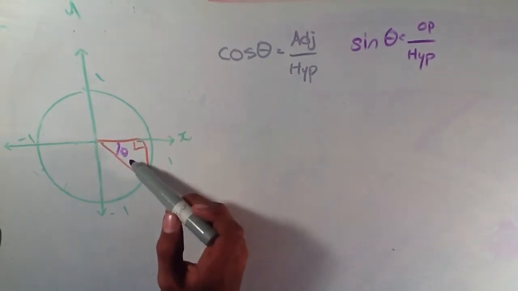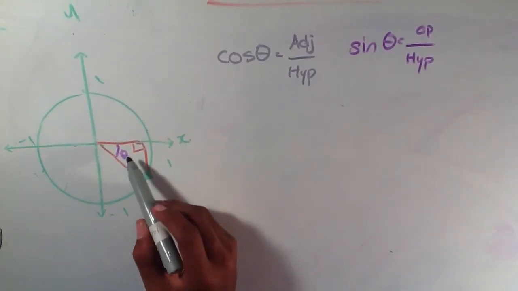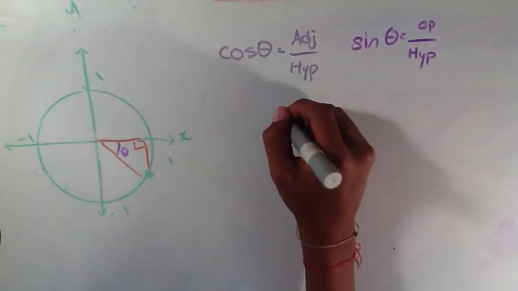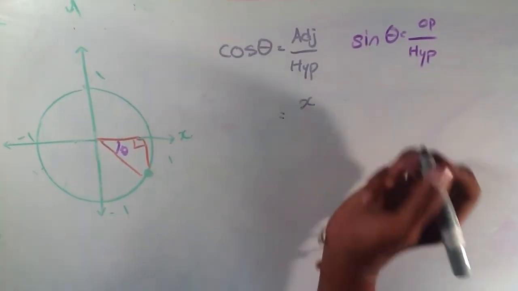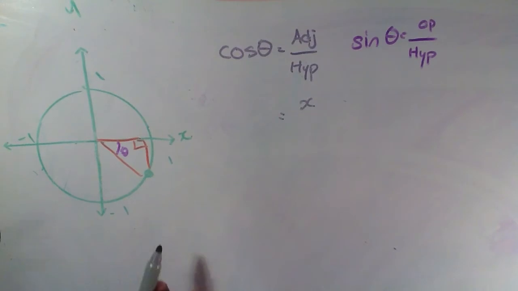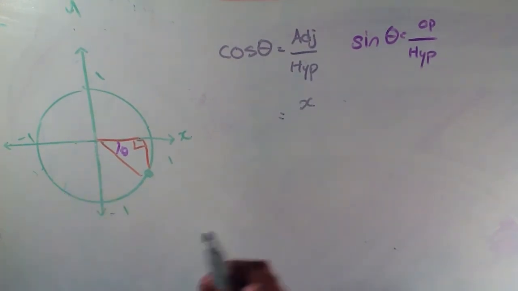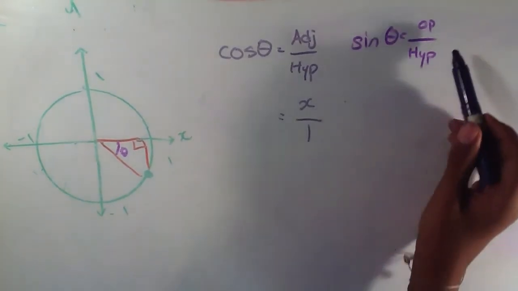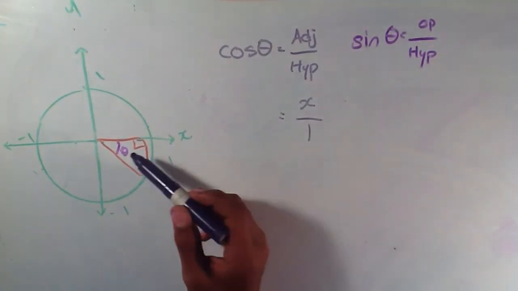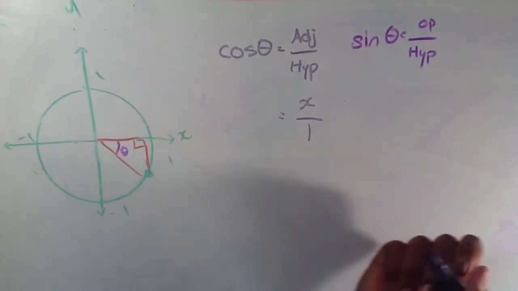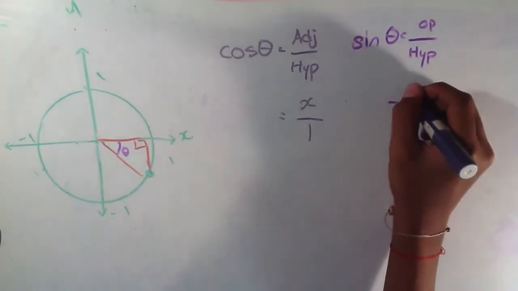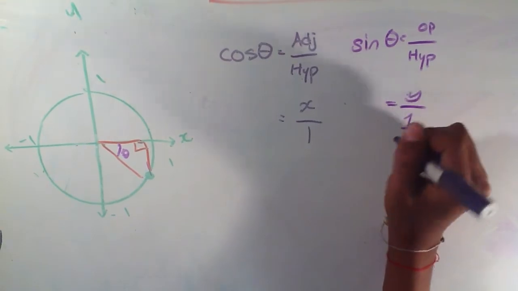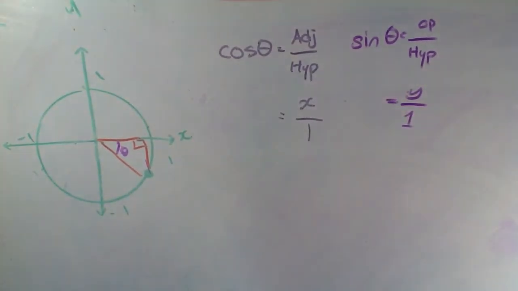If we look at the adjacent length, it would be the length along the x-axis, giving the adjacent for cos as x. Also knowing the radius of the circle is 1, the hypotenuse would equal 1. For sine, the opposite would be this vertical length, or y. Again, the hypotenuse would equal 1, or the radius of the circle.